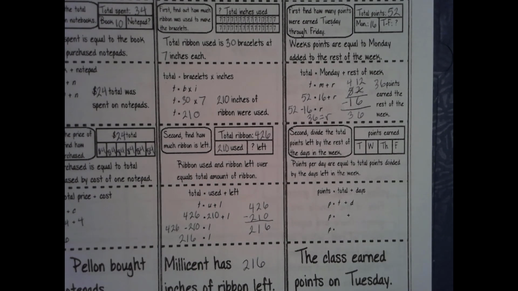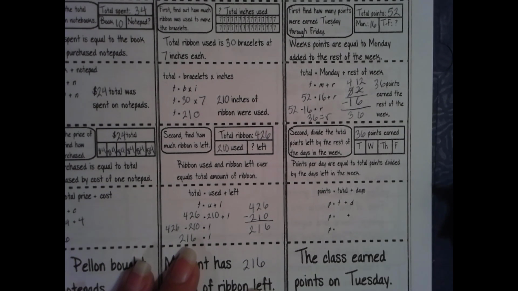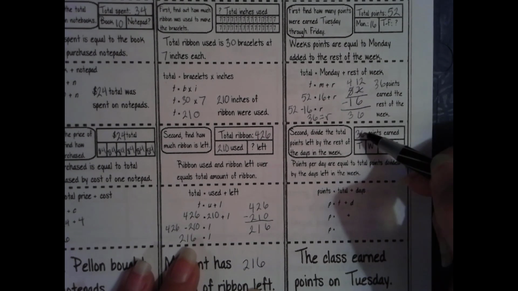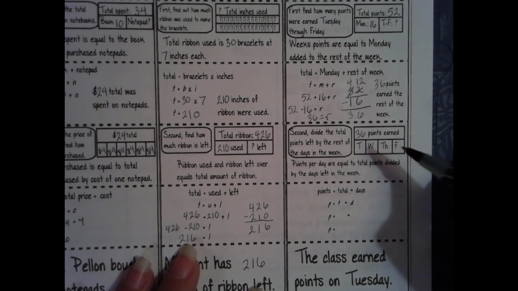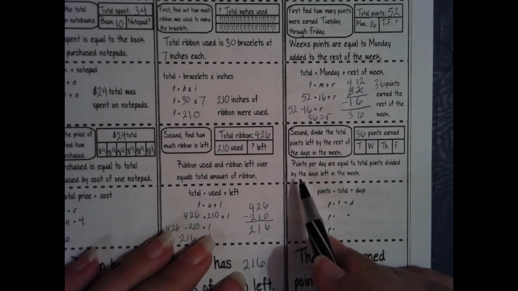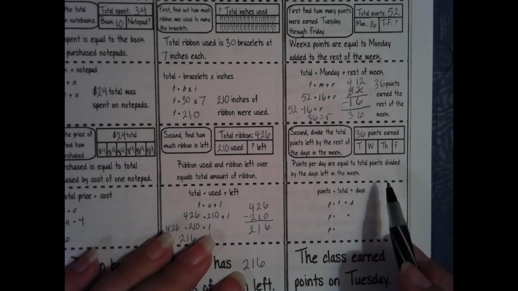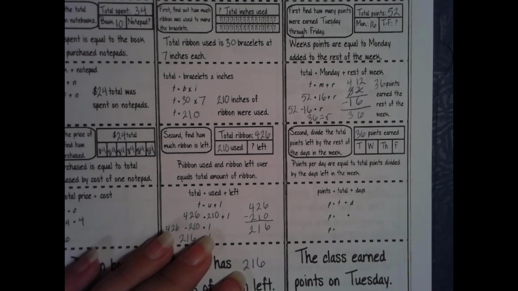Well, now, since we know what was earned for Tuesday, Wednesday, Thursday, Friday, and we know those were equal amounts, we can now solve for Tuesday. We know the total, so we're going to subtract or divide. And since we're making equal groups, we're going to divide. Points per day are equal to the total points divided by the days left in the week.